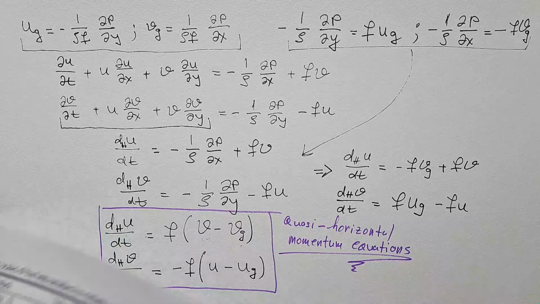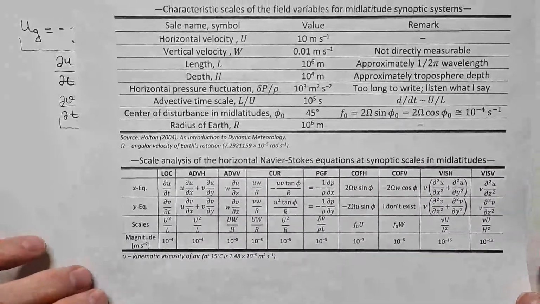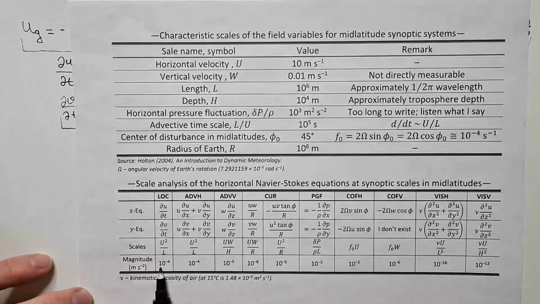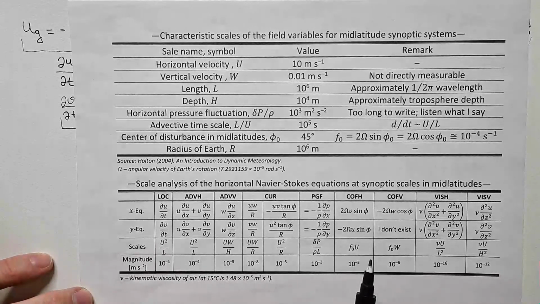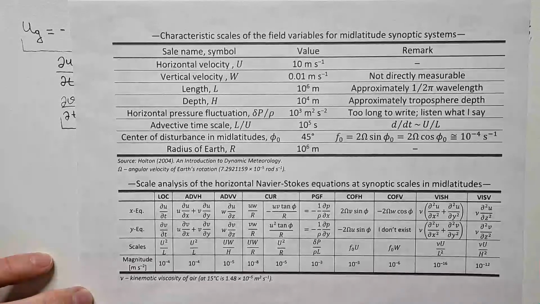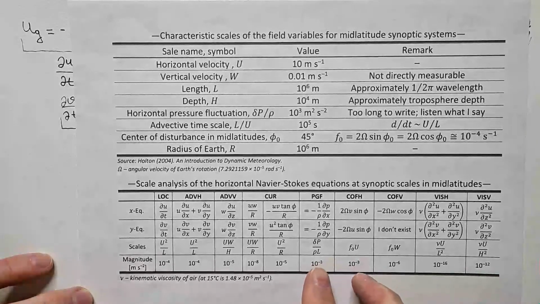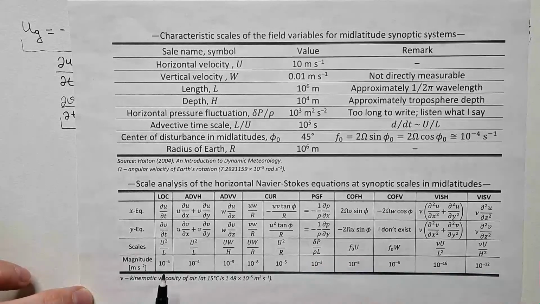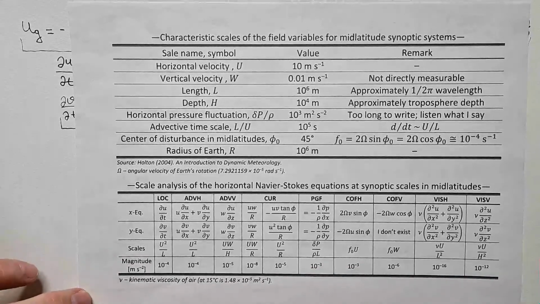We can even demonstrate that using our infamous table. You can see that this acceleration is an order of magnitude smaller than the pressure gradient force and Coriolis force in the horizontal direction. So the balance between these forces, or disbalance rather, between these large terms is responsible for these accelerations.